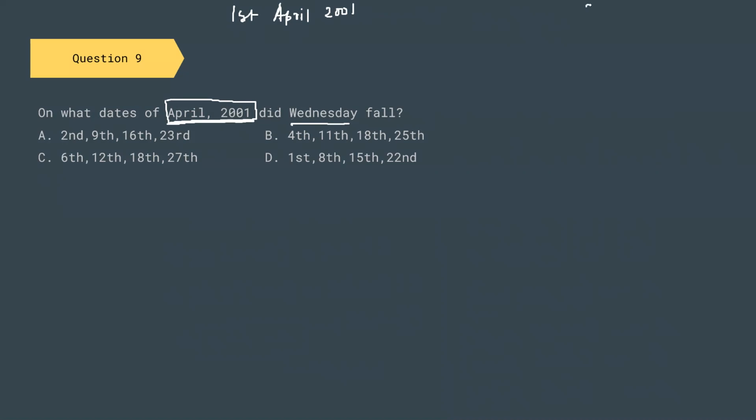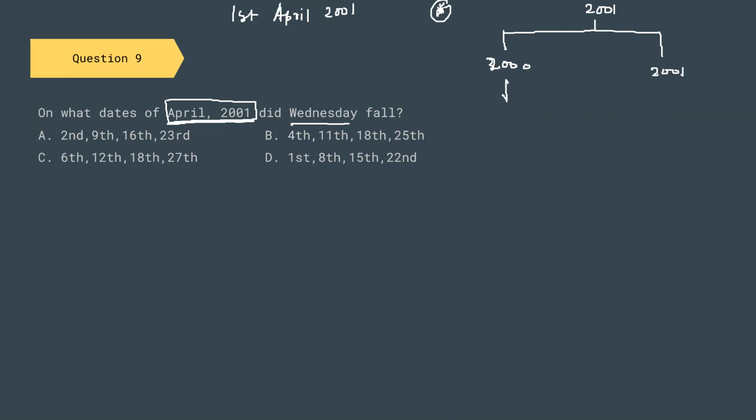I can divide 2001 into 2 years: first is 2000 and second is 2001. As you have seen in the previous lecture, please look into that lecture for the criteria for dividing the years.